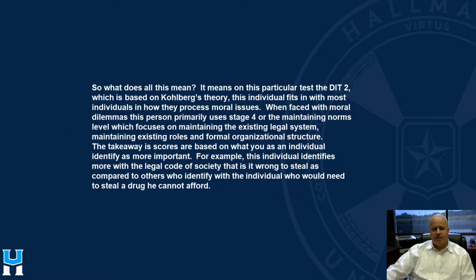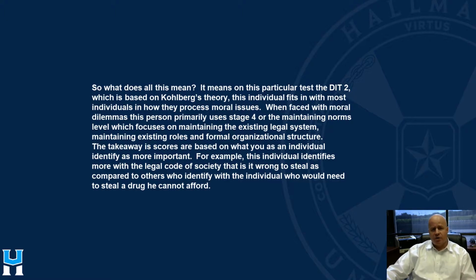So what does all this mean? It means on this particular test, this individual actually fits in with the majority of people who score in the stage 4 area. So maintaining norms is one of the most common things that you're going to see. And when faced with moral dilemmas, this person is going to use stage 4 as their mechanism to reason what to do.